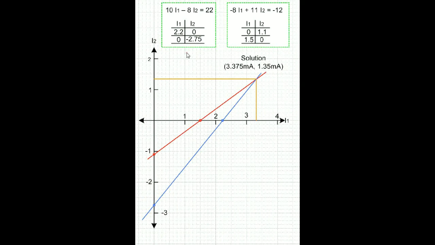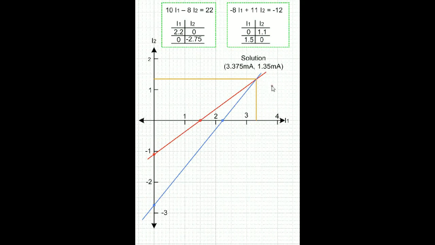So I went on to plot these 2 lines, and you can see the points that lie on the I1 and I2 axis here. And when I do that, these 2 lines representing our linear equations form a solution at this point.